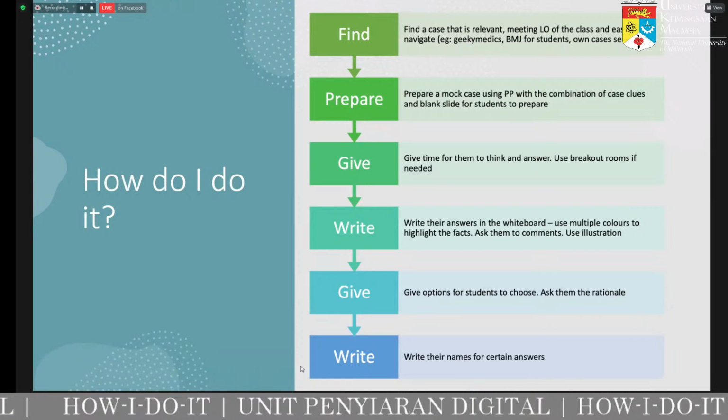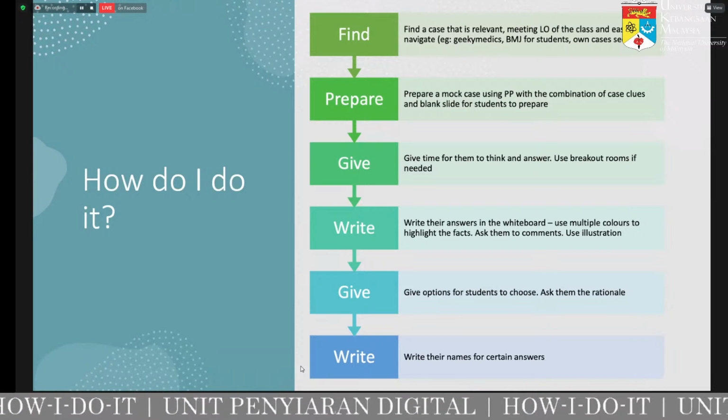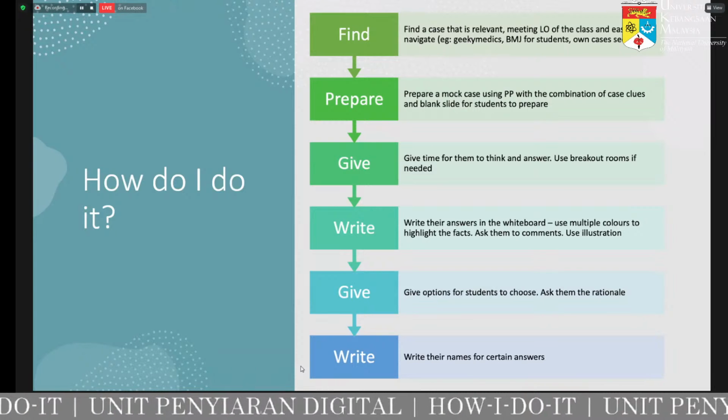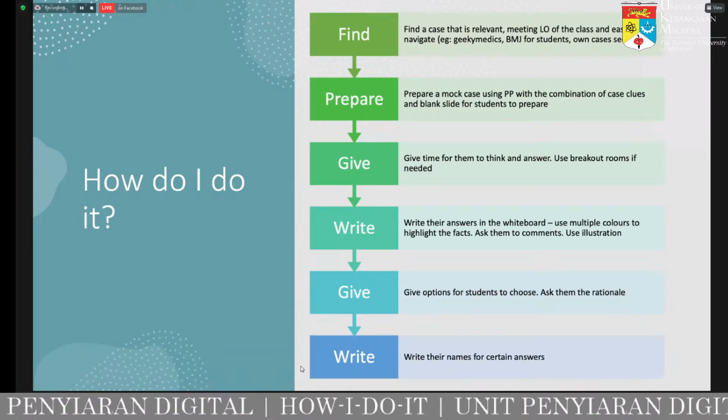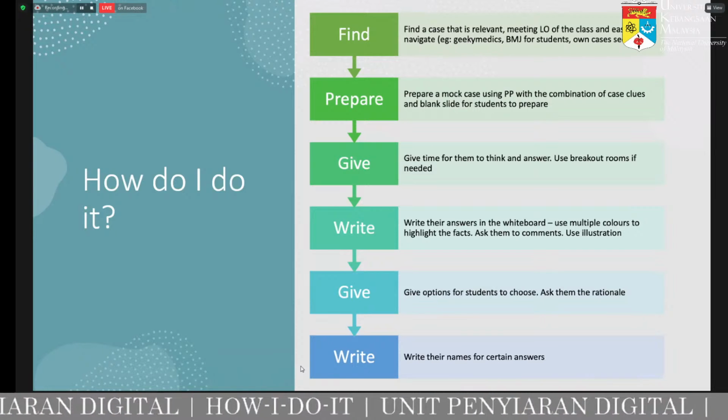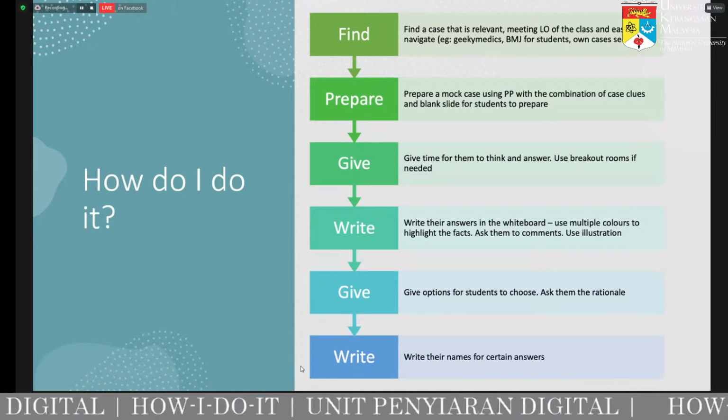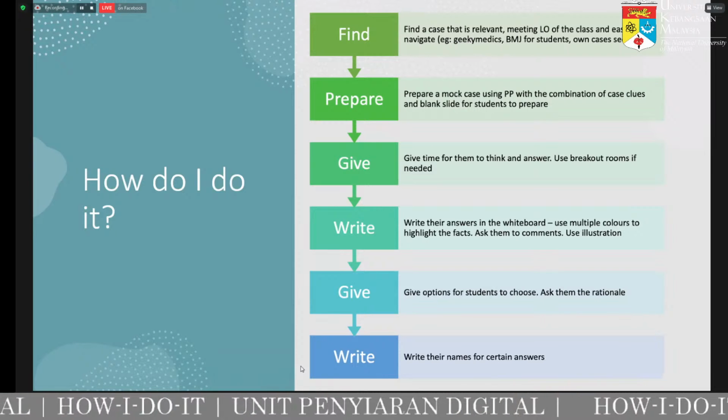Alright, so that's nursing. So medication also, there's a lot. Yep, it's very detailed, right? I will talk about this a bit after this.